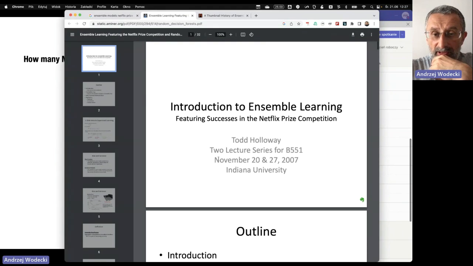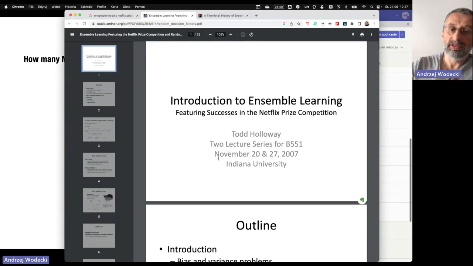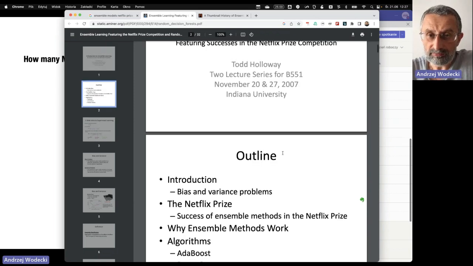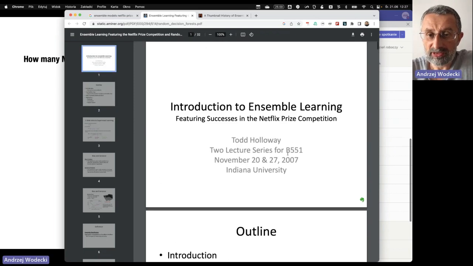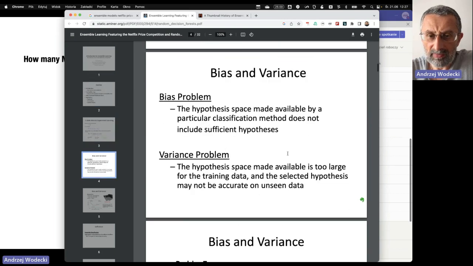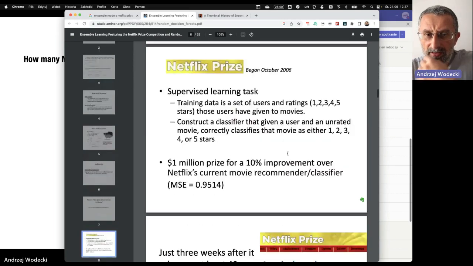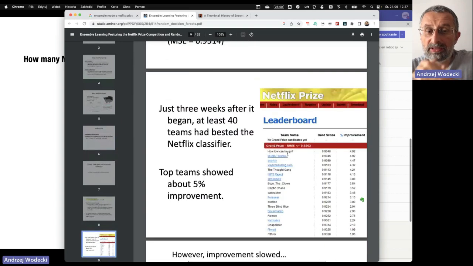The story was the following. There was a competition for the Netflix Prize, as you can see, 2007. Yeah, this is the lecture name. There were many different teams competing for the prize. And at some point of training, there were two leaders. And they were fighting very heavily to improve their results. But they got stuck.